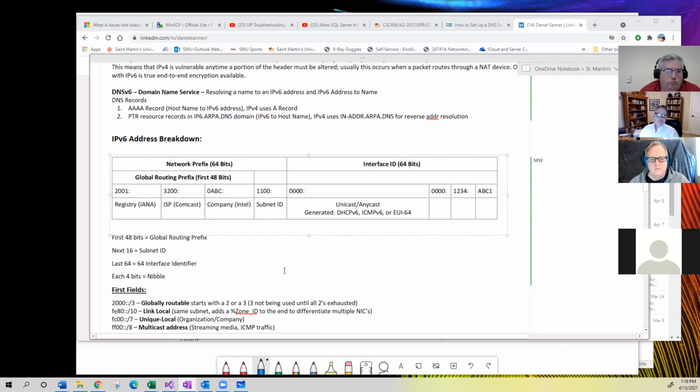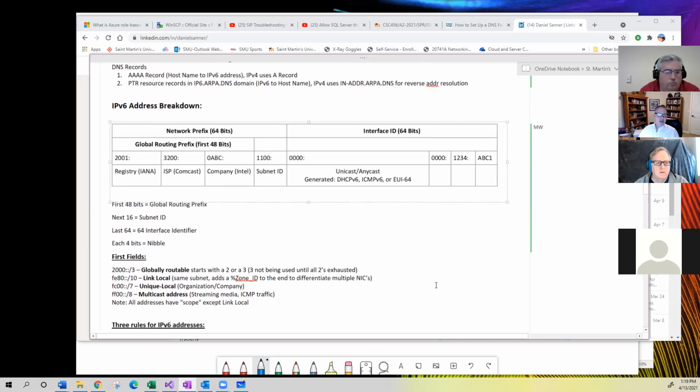They call it interface because a user could have multiple NIC cards, and each NIC card could have its own network interface card. You could assign these to each one of those and go to a different subnet. So it's broken down into the first 64 bits and the second 64 bits to make up that 128-bit number. Right in the middle there is the subnet ID.